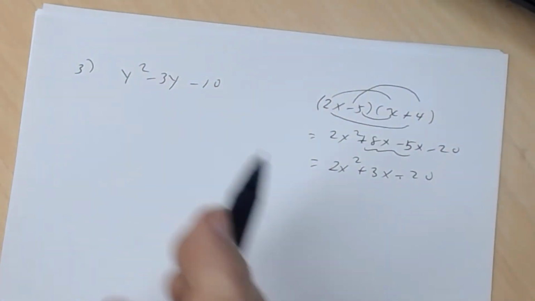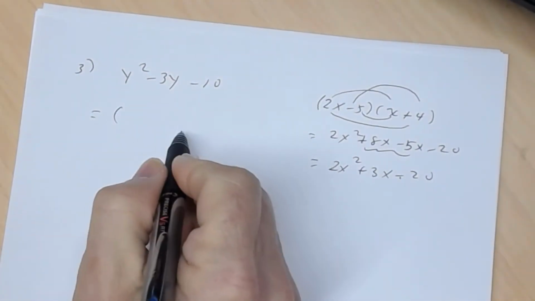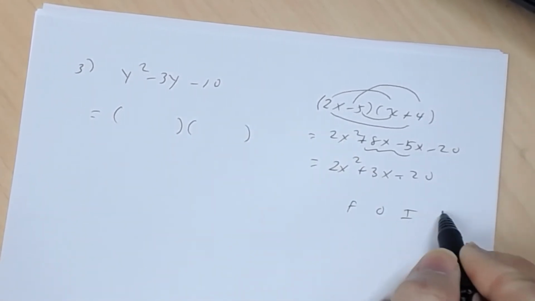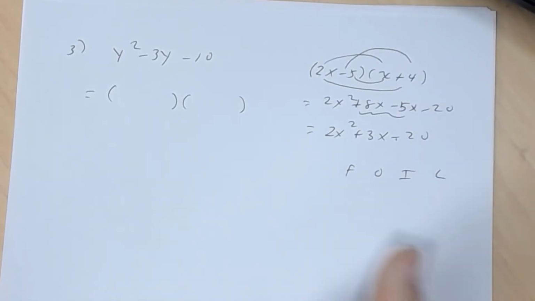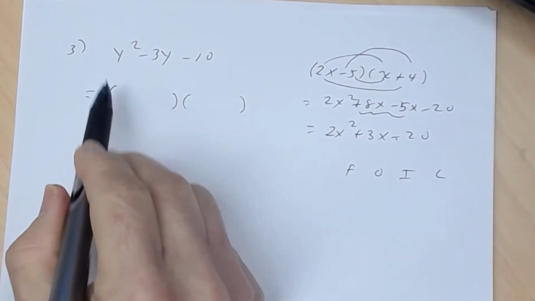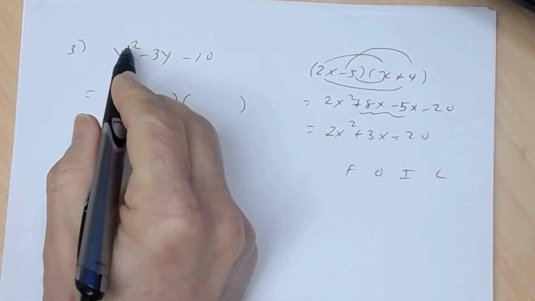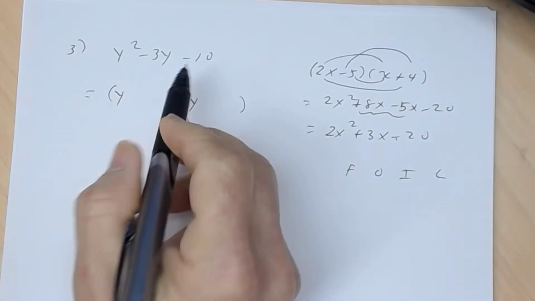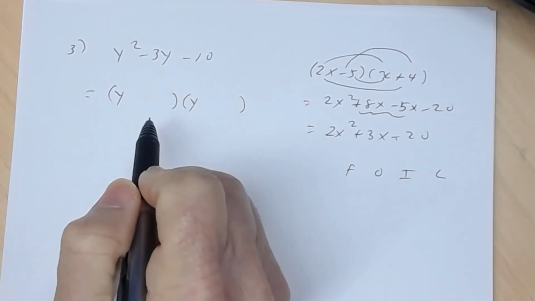All right, so let's factor this. Okay, so remember we're going to use reverse FOIL to do this. And so the y squared term has a coefficient of 1. That's the easy kind. The only way you can get a y squared is if you have y times y. Okay, now let's deal with the signs at the end.